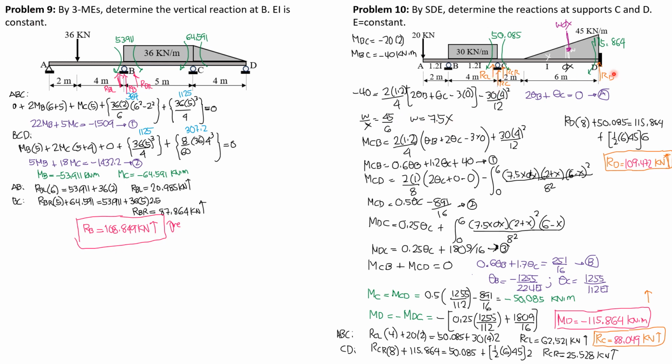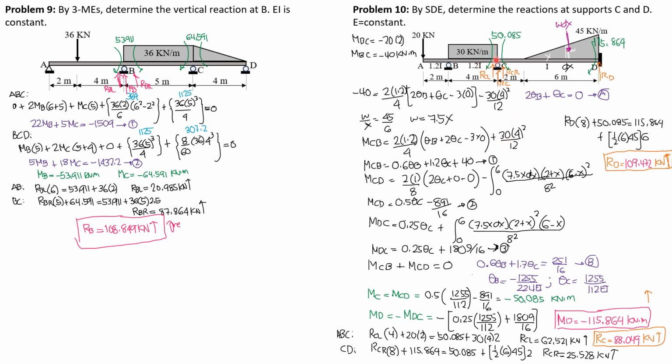So MCB to EI again, because the far end D has expected moment. So 2 times EI. By the way, MCB is, we have to set up 2 times I, 1.2 I again, all over 4, quantity theta B, theta far, B is the far end here, plus 2 times theta near, the near end is C, then minus 3 times 0 because there's no settlement.